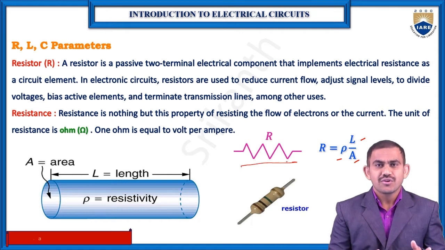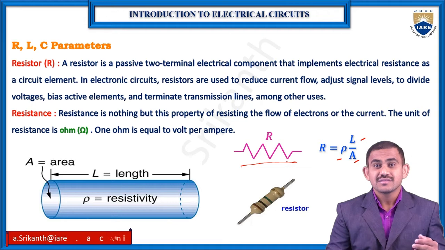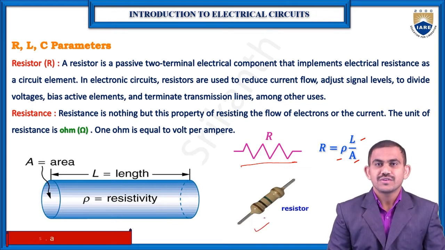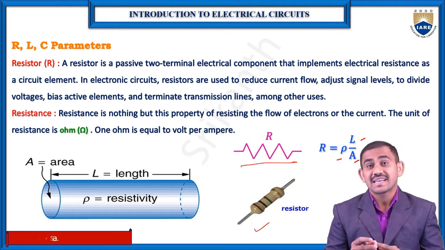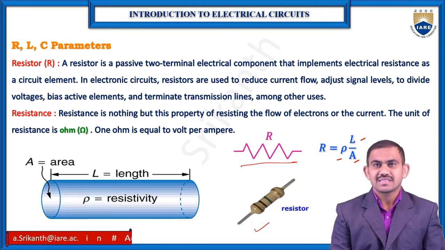Suppose you want to draw a resistor, you give the symbol like this. Physically, you can see the resistor like this with different color coding. Color coding change means automatically the resistance value will change. This is one introduction about resistor.